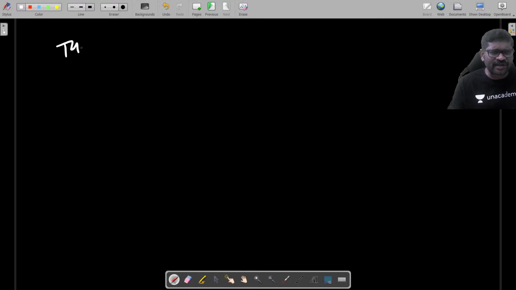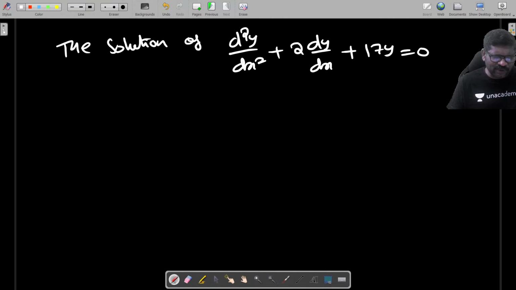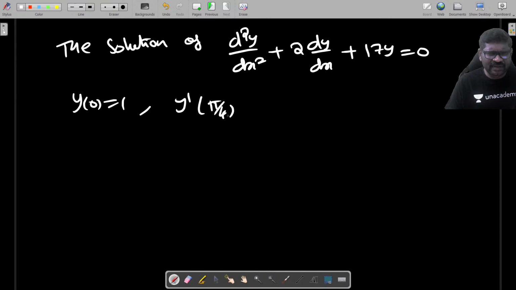The solution of d square y by dx square plus 2 into dy by dx plus 17y equal to 0, y of 0 is 1, y dash of pi by 4 is 0.